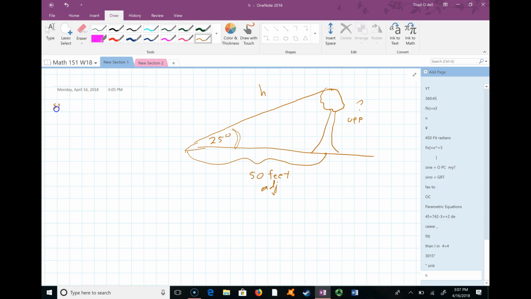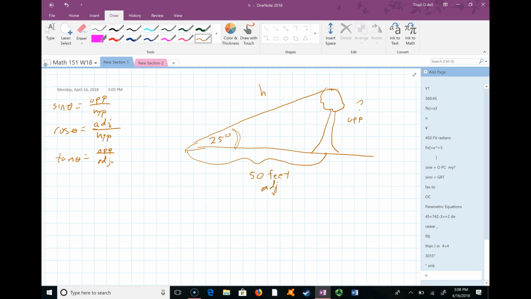So we know that SOHCAHTOA can help with this: sine is equal to opposite over hypotenuse, cosine is equal to adjacent over hypotenuse, and tangent is equal to opposite over adjacent.